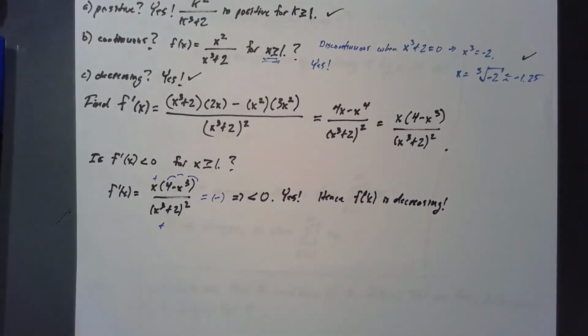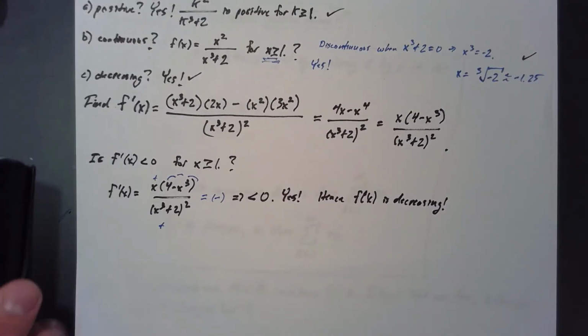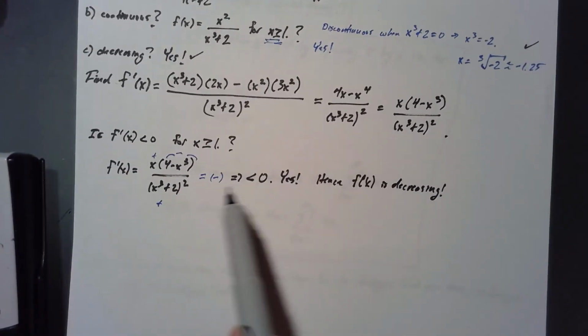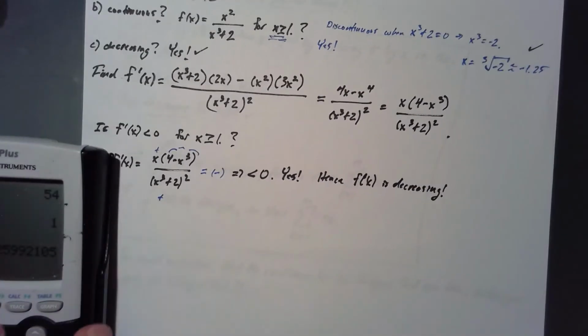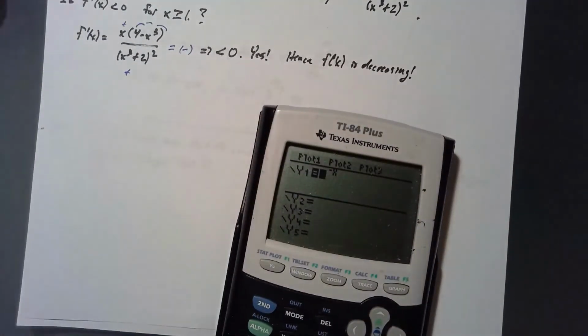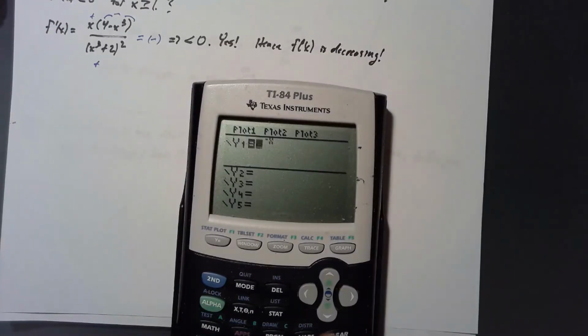If you're not convinced by this, I can plug this function into my calculator and graph the derivative here and just look at how it looks. So I have x times 4 minus x cubed divided by x cubed plus 2 squared.